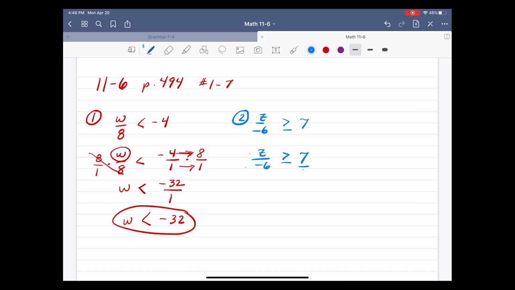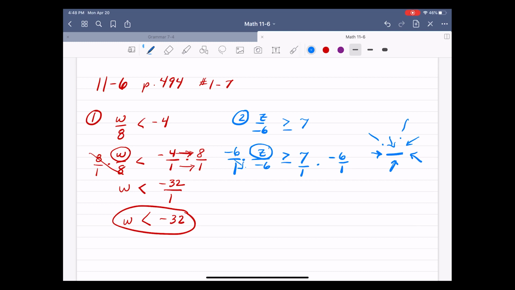So I'm going to just turn this into a fraction over here, and I need to isolate my Z. The negative 6 is in the way, so I'm going to multiply this whole thing by negative 6 over 1. If I multiply the left, I've got to multiply the right. Now notice I'm multiplying by a negative. This should be a huge tip-off for you, okay? Pay attention to that.